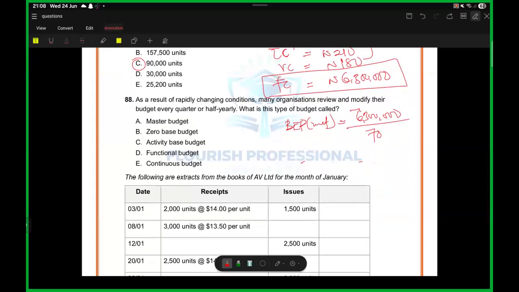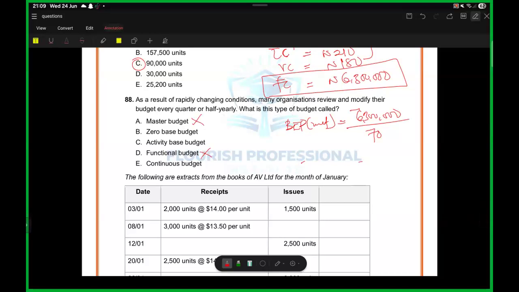All right. 88. As a result of rapidly changing conditions, many organizations review and modify their budget every quarter or half yearly. What is this type of budget called? A, master budget. I explained that the master budget contains your cash budget and your functional budget, which are not subject to yearly review.